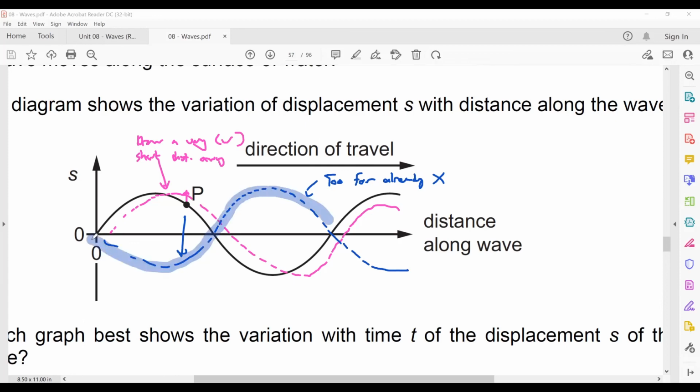It's actually telling you your particle P is going down, but this one is too far. What we normally tend to do is we draw it a very short distance away, like this pink colored line here. When you draw a pink colored line here, this one will tell you it's going up. Okay, it will eventually go back down, but that is when a lot of time has passed.